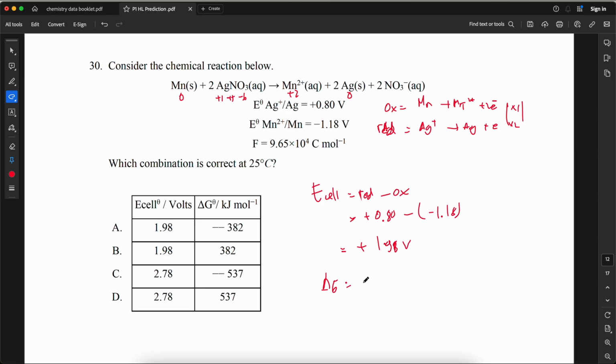So delta G equals negative nFE, with 1.98 between A and B. So negative 2, because 2 electrons, times 9.65 times 10 to the power 4 times 1.98. You will get around negative 3.82 times 10 to the power 5. It's around negative 382. So the answer would be A.